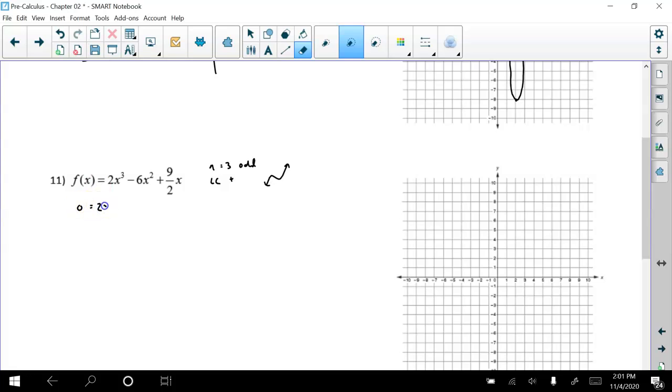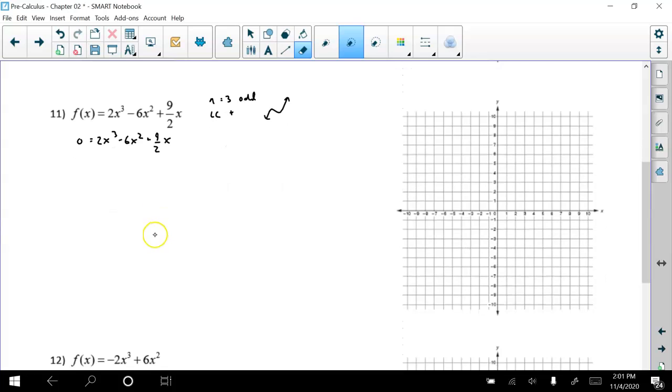0 equals 2x cubed minus 6x squared plus 9 halves x. Now we're going to get rid of the fraction by multiplying every term by 2, just to make it a little easier to work with. So we get 0 equals 4x cubed minus 6x squared plus 9x.